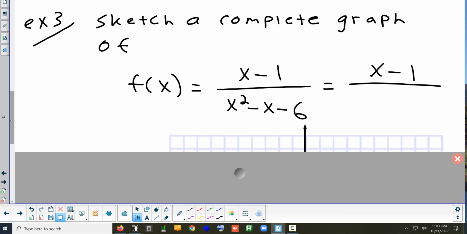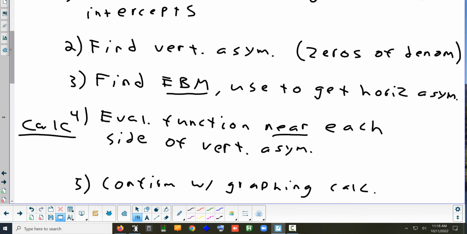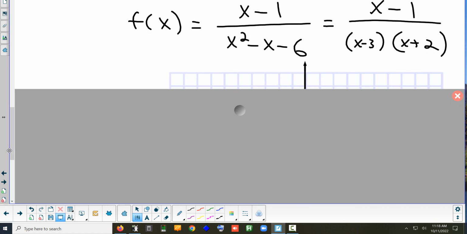If it's cubic, it could take a while. But quadratic, that's pretty quick. How does x squared minus x minus 6 factor? x minus 3, x plus 2. Now, factoring isn't the best way to write it to figure everything out, but it is the best way to write it to figure out the zeros of the denominator. So when we get to that step, at least we already have it factored.